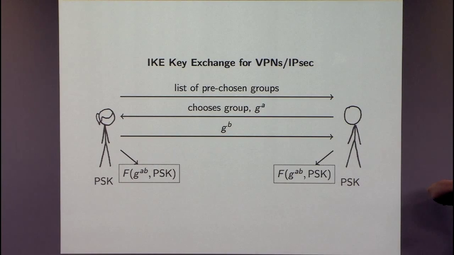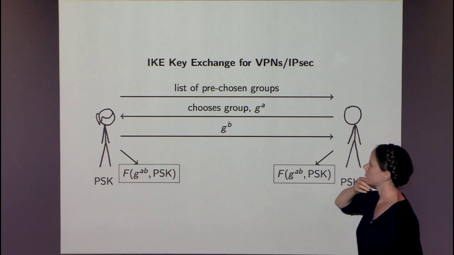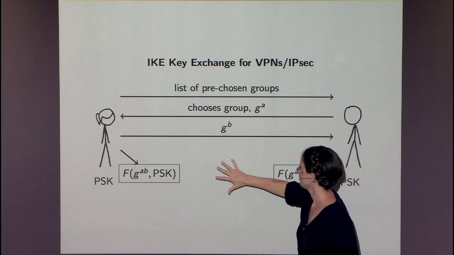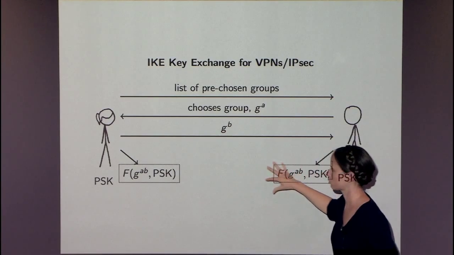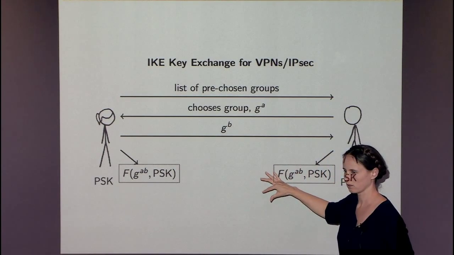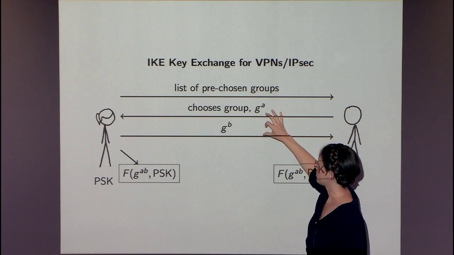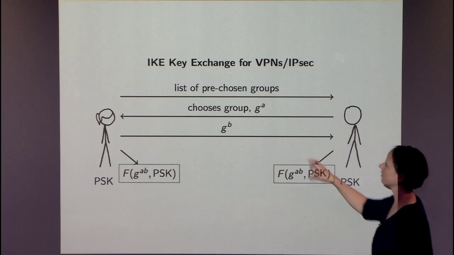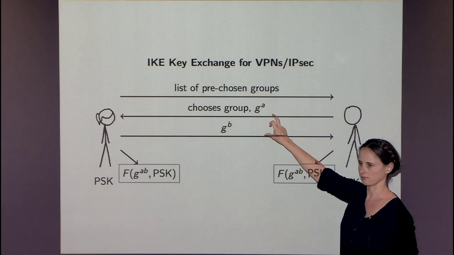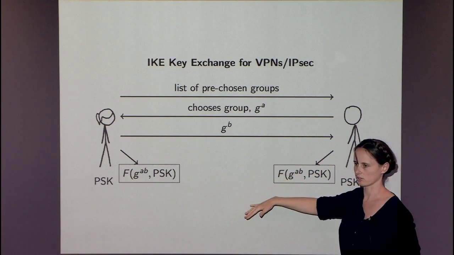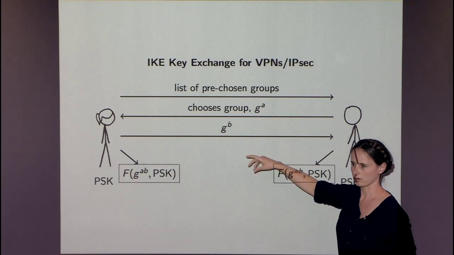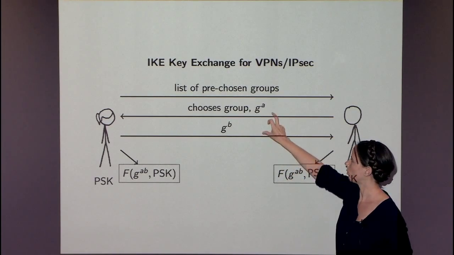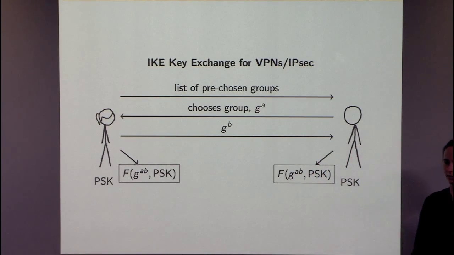So if the NSA, as they claim, is breaking VPN traffic on a large scale, they either need to have some kind of vulnerability in the symmetric traffic or something that's sent here, or they need to be both collecting the pre-shared key and somehow breaking this Diffie-Hellman key exchange. So either there's a symmetric break, there's some kind of protocol flaw that's offline, or they're breaking the Diffie-Hellman key exchange.